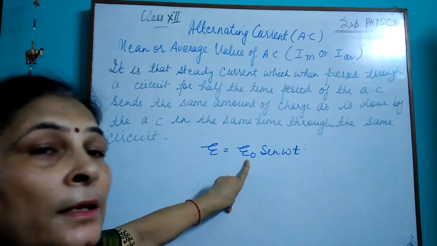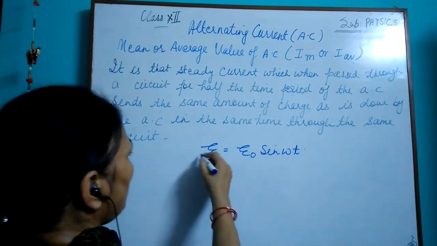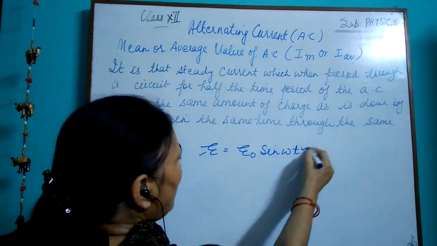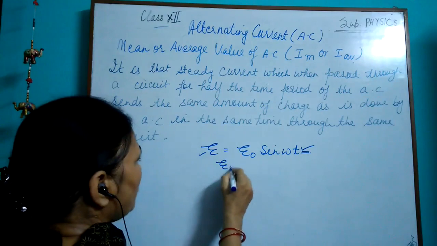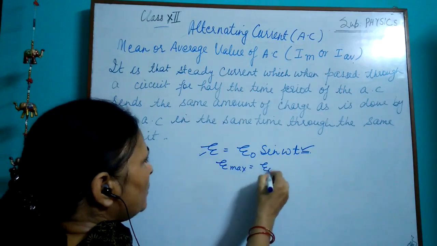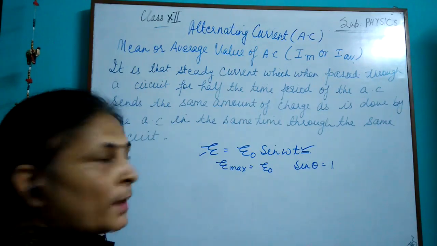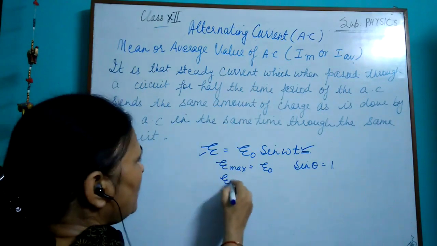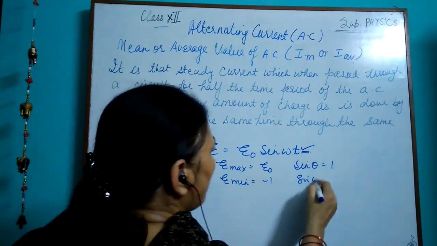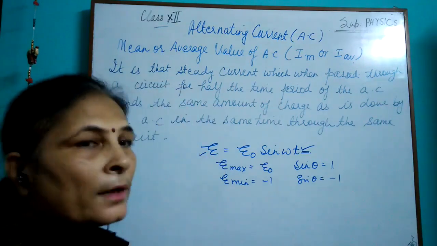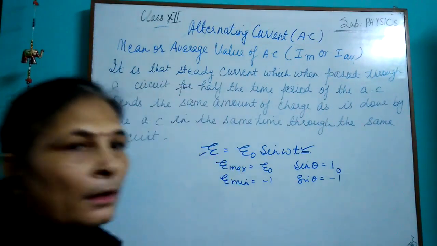This you have done in class 11th also. This type of wave is representing what? It is giving you induced EMF at any given time t, and the maximum value will be E naught, as the maximum value of sin theta is 1, and E minimum will be -E naught, as the minimum value of sin theta is -1, and these two values vary with 0 in between.